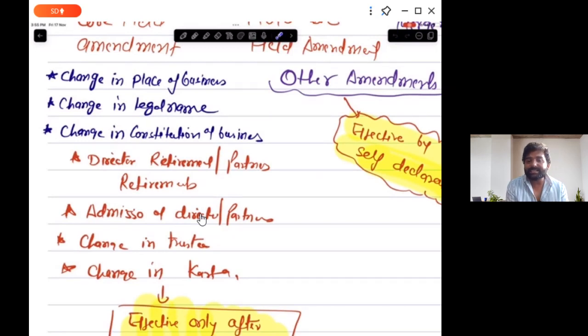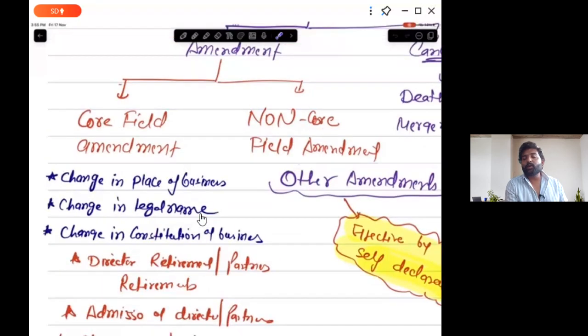In this case, it is called core field amendment. You know why? Because the GST department thinks that these amendments are very serious in nature. They don't consider all the other amendments as serious, and they are considered non-core field amendments.